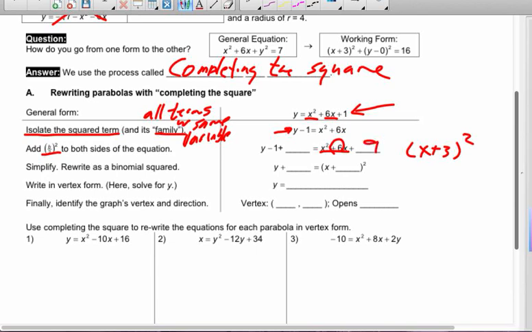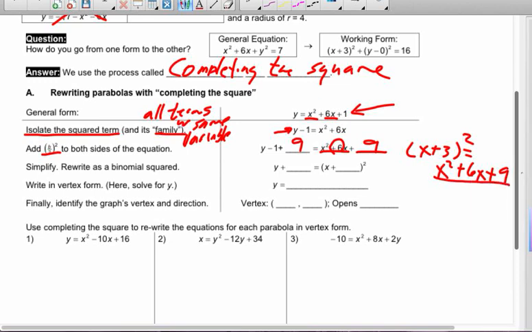And if you remember right, x plus 3 squared was x squared plus 6x plus 9. Now, because I've added a 9 over here, to keep the equation in balance, I also need to add a 9 over here. So now we come back in, and I've got my square here.